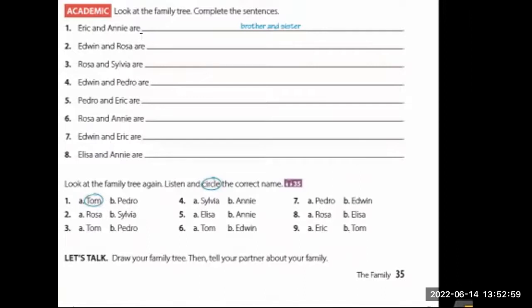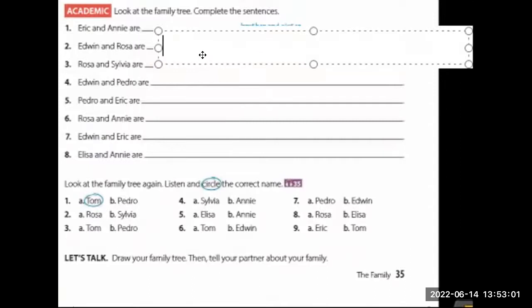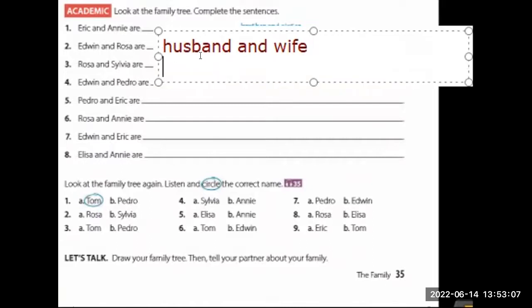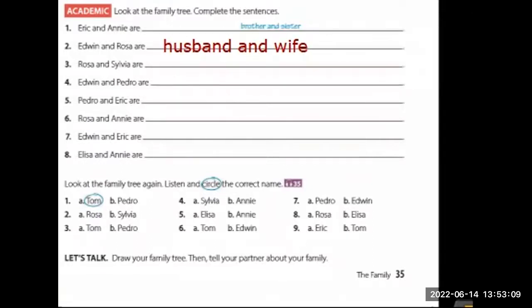So Edwin and Rosa, we're going to put husband and wife. Okay. Now the next one, it says, number 3, Rosa and Sylvia are, and we're going to put what we call them to each other, Rosa and Sylvia.